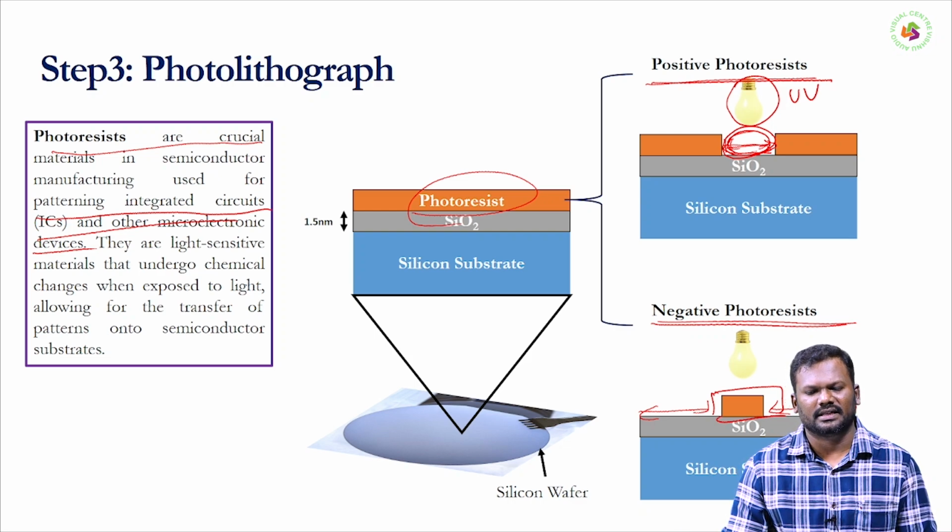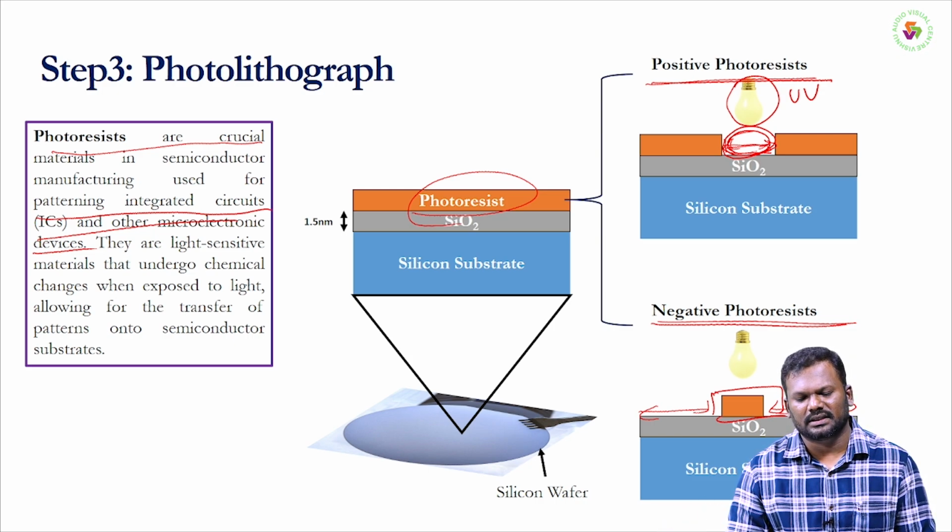As I told you previously, the main advantage of the photoresist is that we can fabricate transistors or any components like capacitors and resistors because of patterning these photoresists.